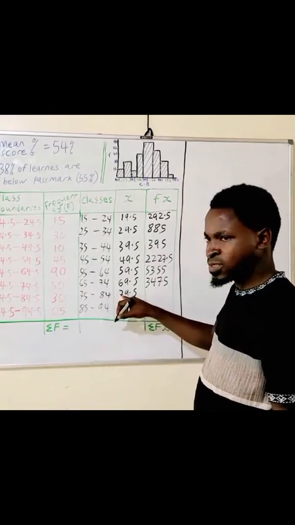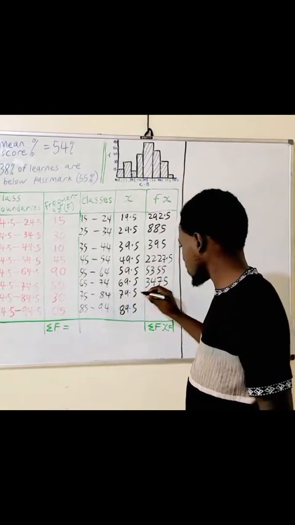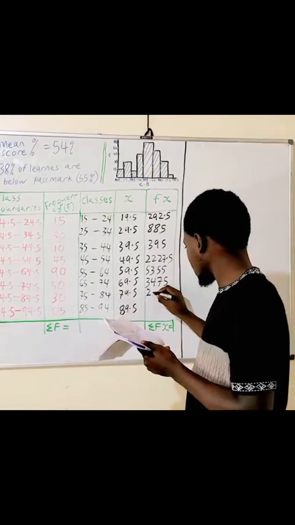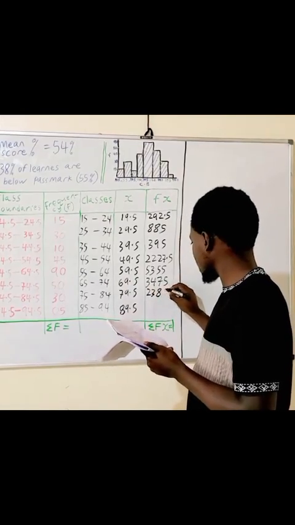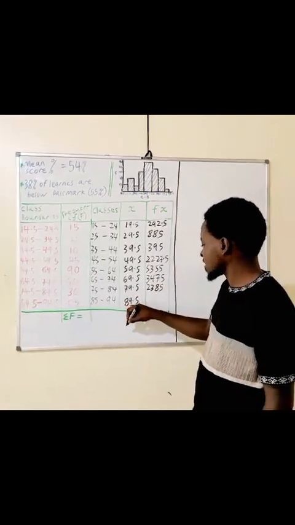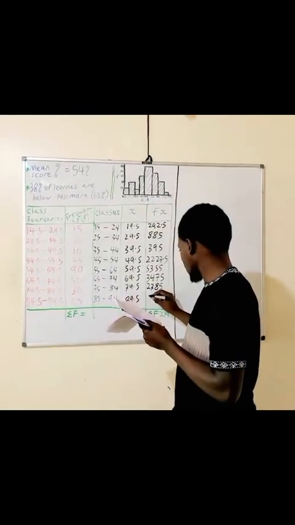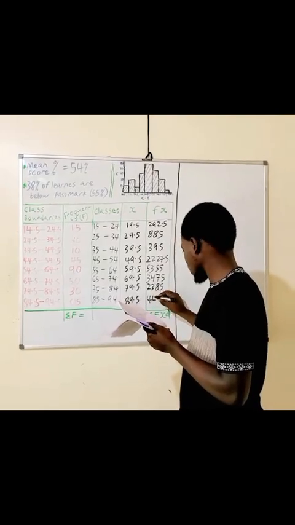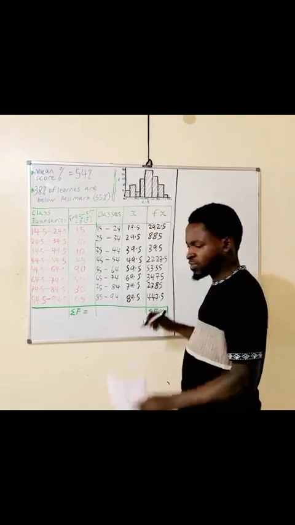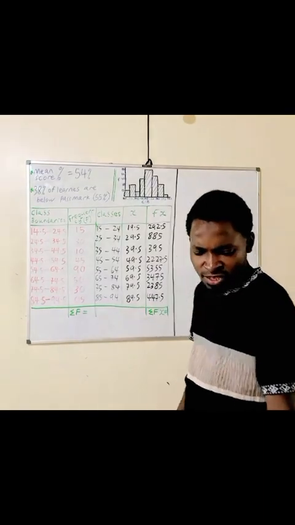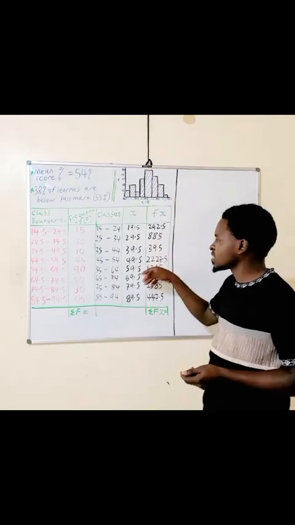Then 30 times 79.5, you get 2385, and 5 times 89.5, you get 447.5. So those are the values that we are having after placing our calculators.